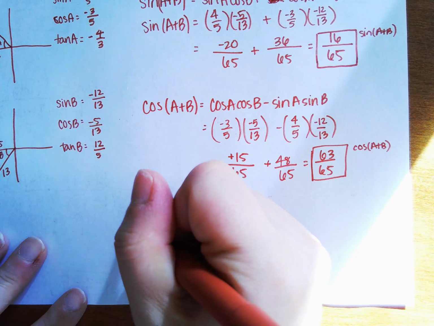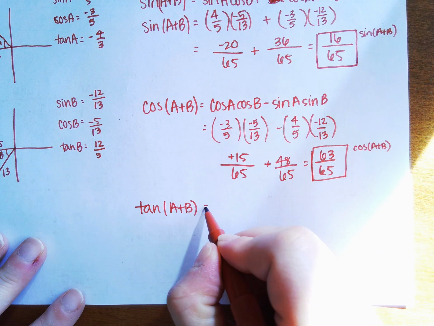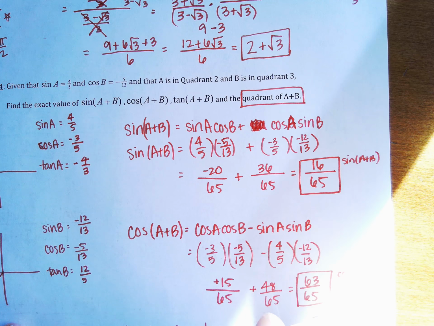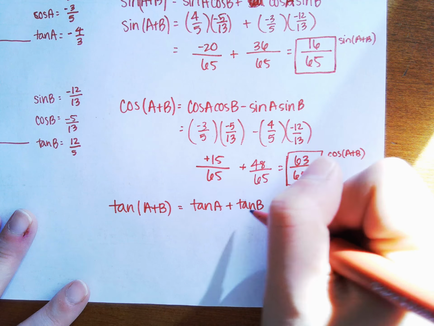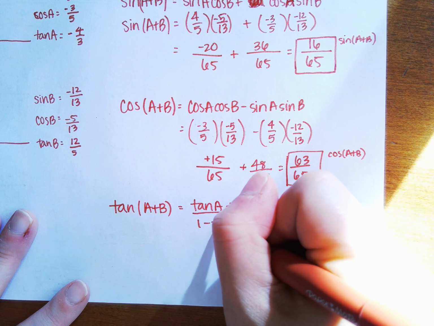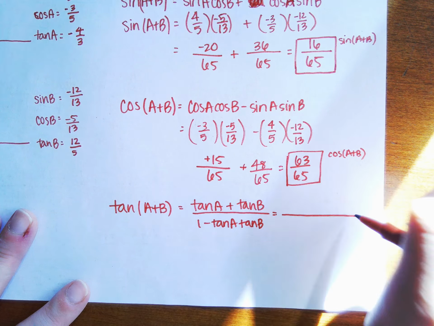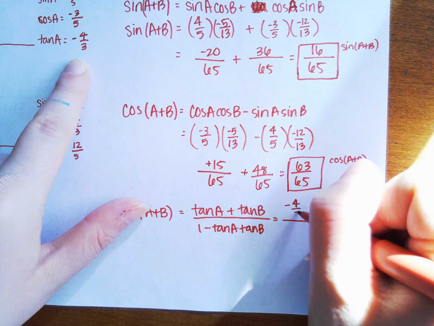Now we're going to look at the tangent of A plus B. The tangent sum formula is tangent A plus tangent B, all over 1 minus tangent A times tangent B. Tangent A is negative 4 over 3.